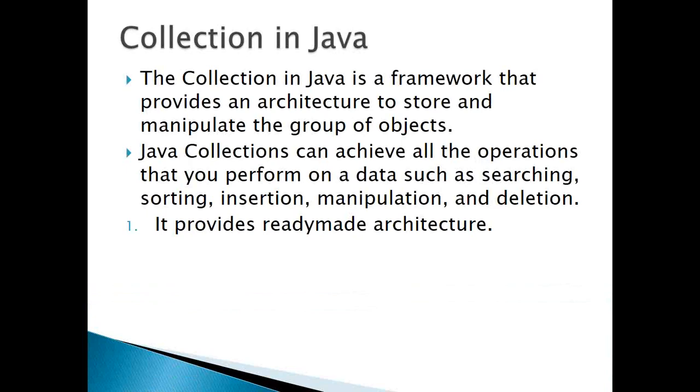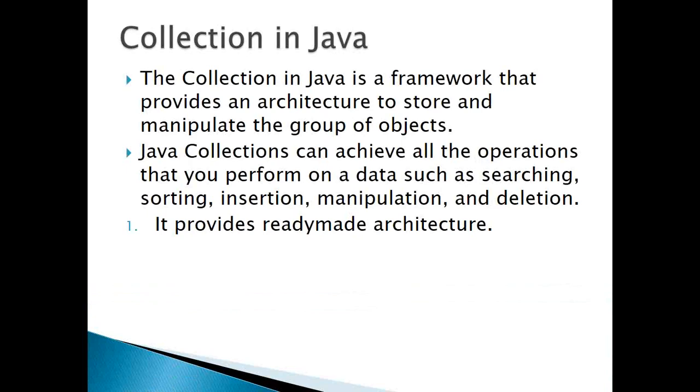Arrays are fixed in size. If you declared size 4 and want to insert a fifth element, then obviously an array out of bound exception will come. All these drawbacks will be overcome by the collection framework.